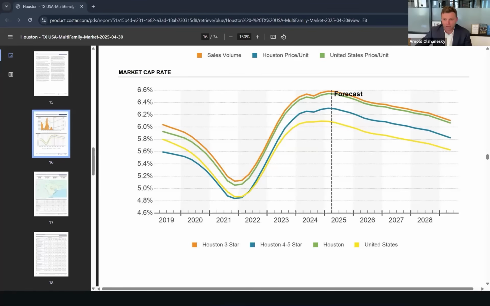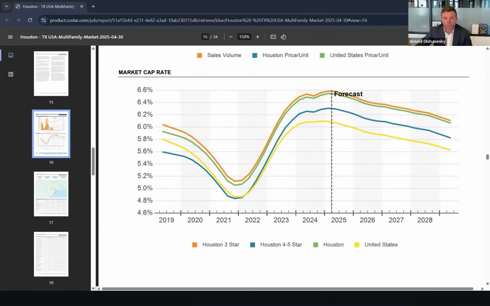By 2029, it's going there, just under 6%. So it is showing that in Houston, cap rates are supposed to decrease. But even if it shows that, you never want to bank on it. You never want to put that in a pro forma. The reason you want to double check this is you want to make sure this arrow is not pointing up.